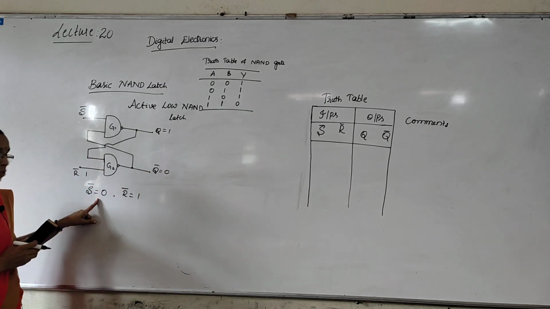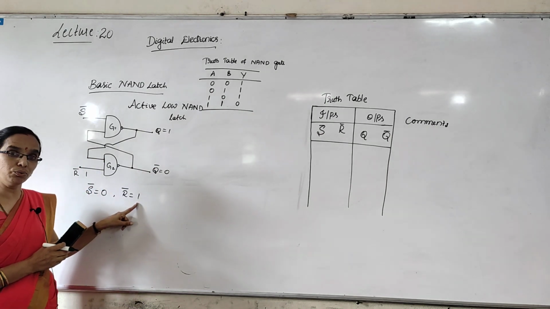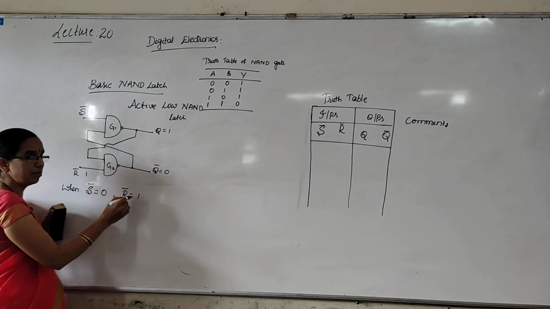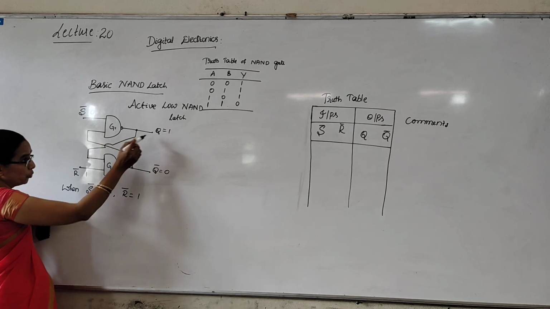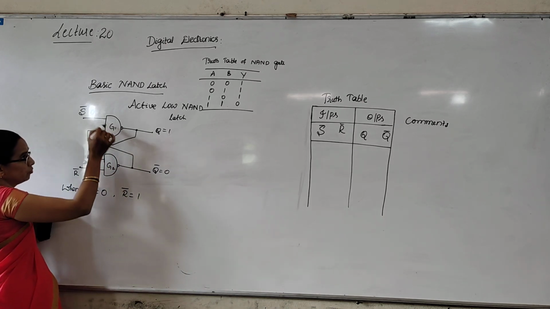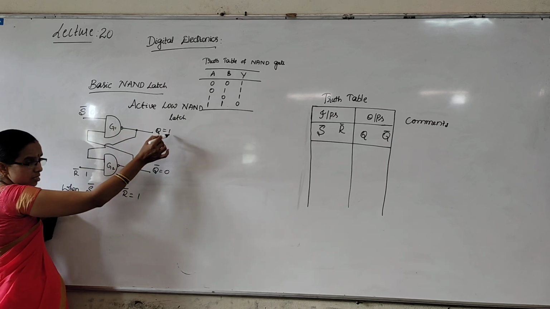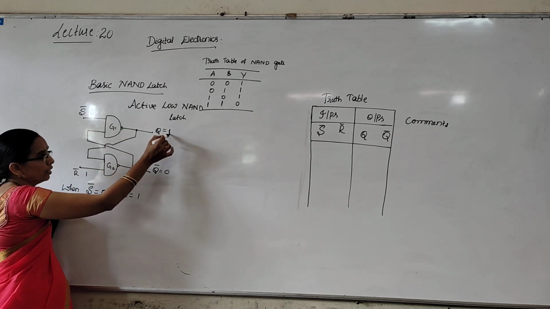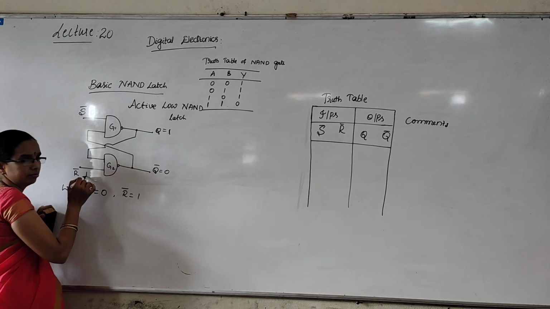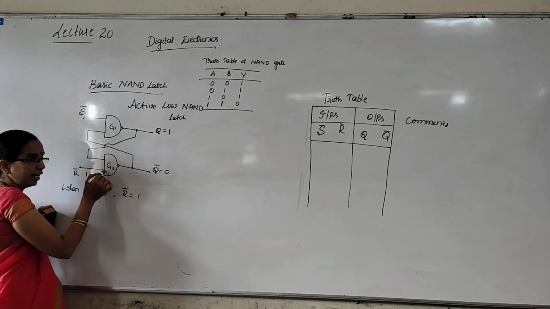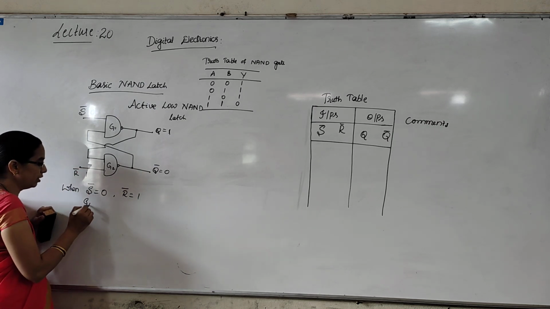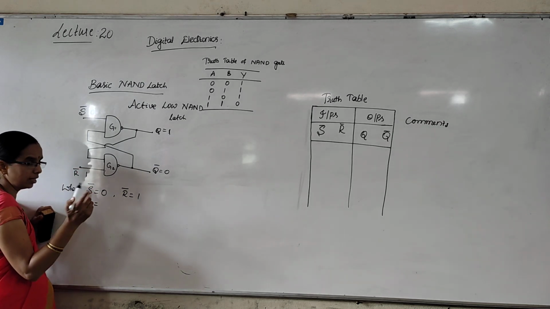For S bar is equal to 0 and R bar is equal to 1, Q goes to 1, because if any one of the inputs of the NAND gate is 0, the output is 1, and this 1 is fed back to gate 2. Here for gate 1, there are two inputs.